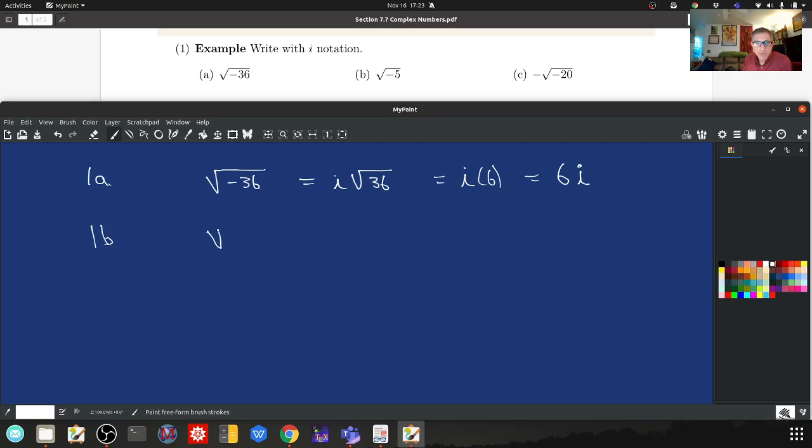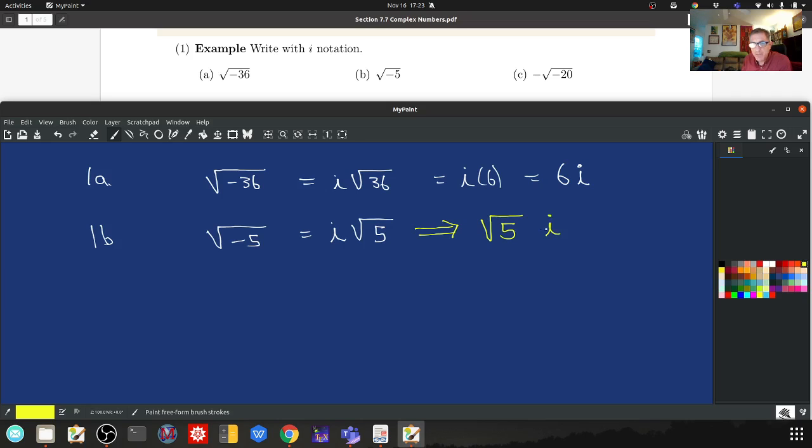So again, I have the square root of a negative number. Well, by my theorem, that's i times the square root of the number without the negative sign. And we cannot simplify that any further, but I think it's more consistent to write that, since the square root of 5 is a real number, as the square root of 5 times i.